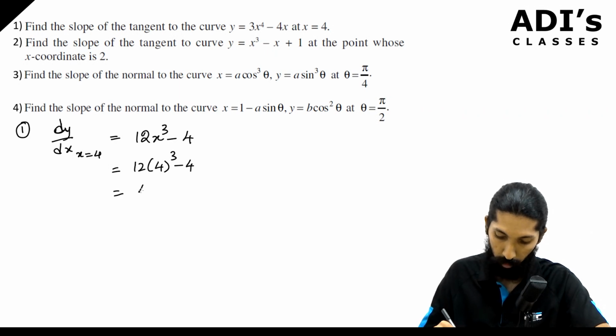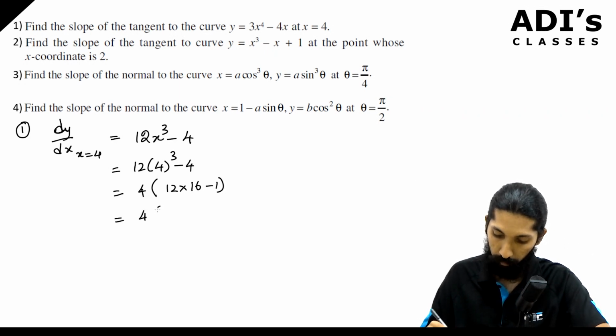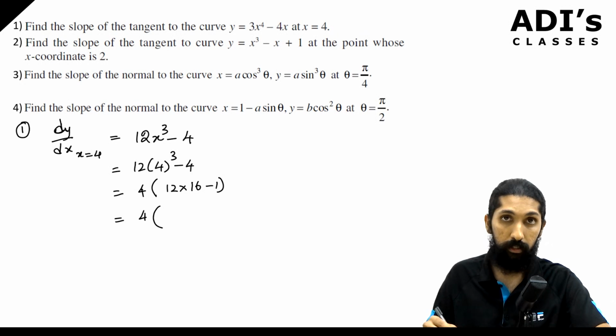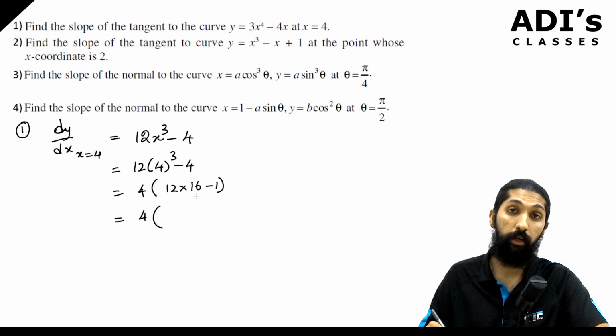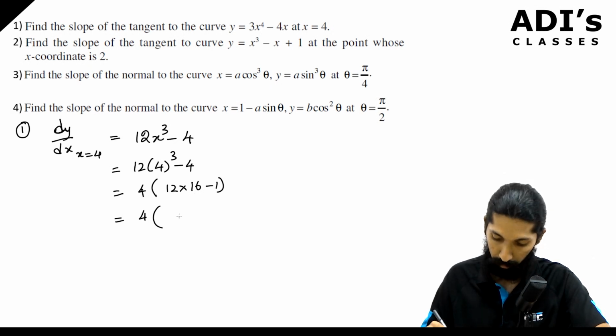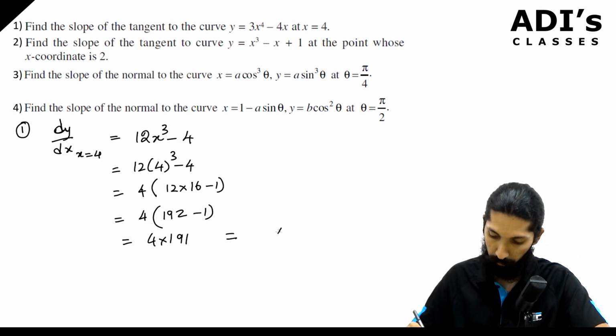Or you can take 4 common. 12 into 4 square is 16, minus 1. Or 4 into 12 times 16, correct? So you will have 12 into 16, or you can do 16 into 2, which is 32, then 192 minus 1. 4 times 191, so you are going to have this as 764.